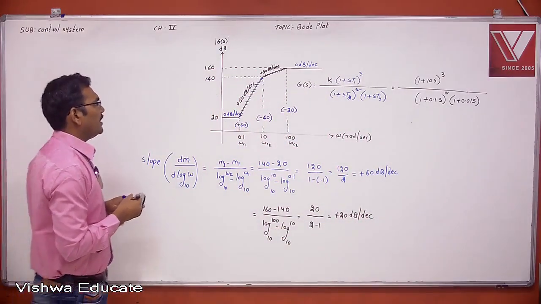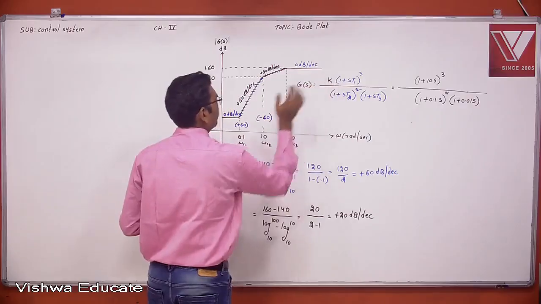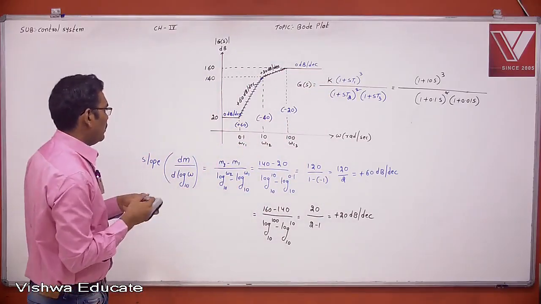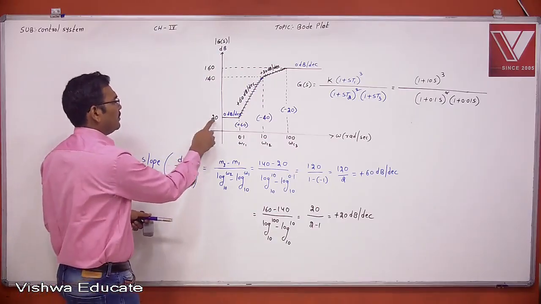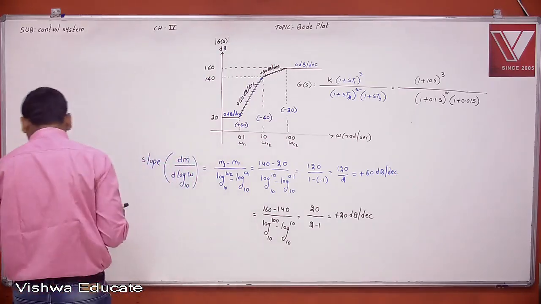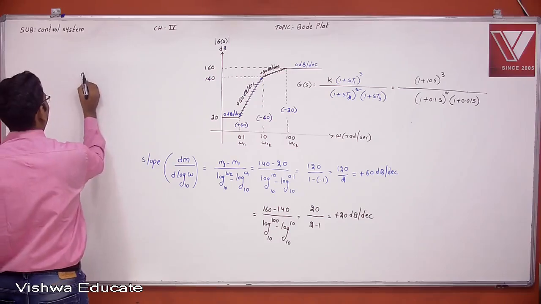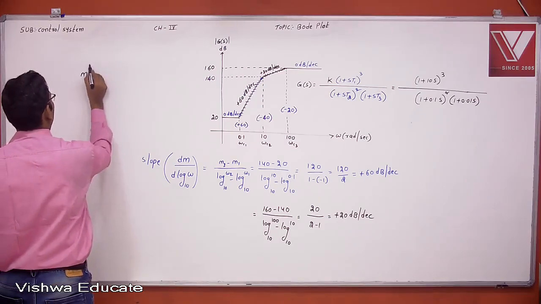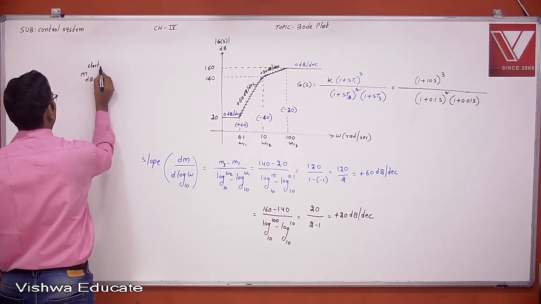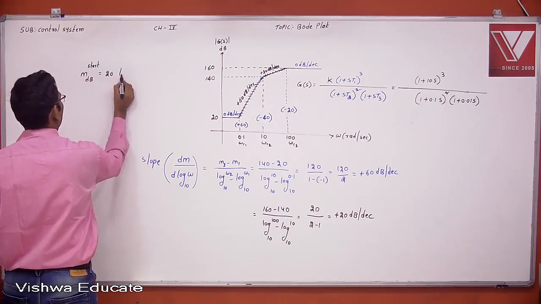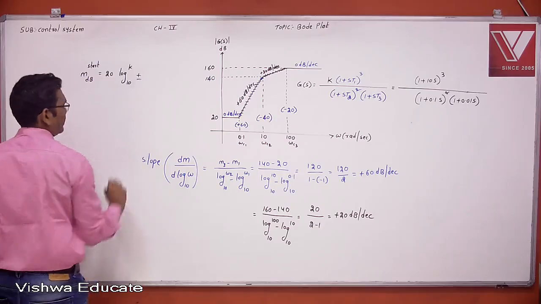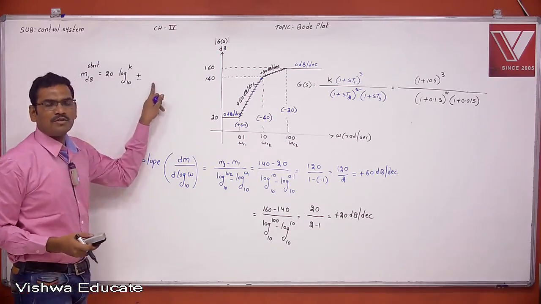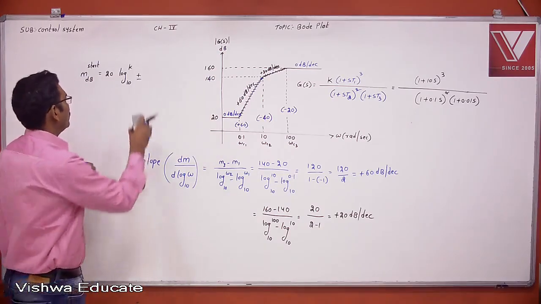Now what is the system gain K? The starting magnitude is 20 dB. Therefore, the starting magnitude in dB is equal to 20 log K base 10, with no plus or minus because there is no pole at origin and no zero at origin.